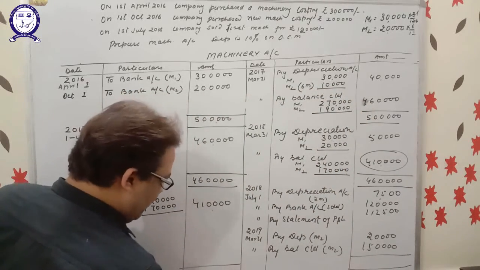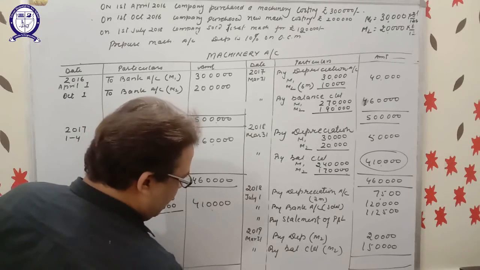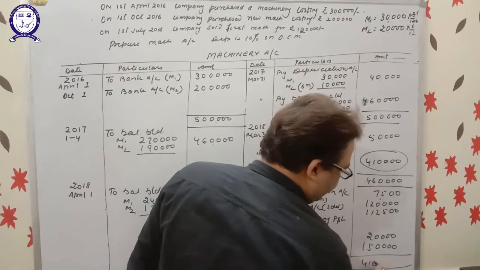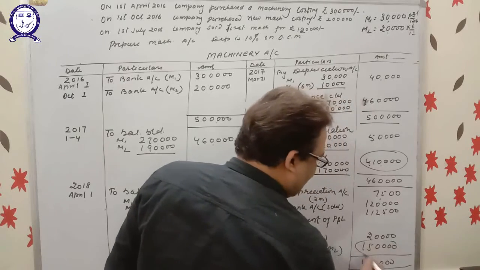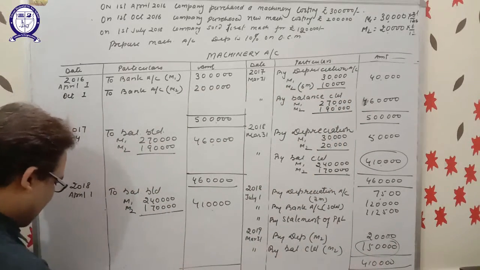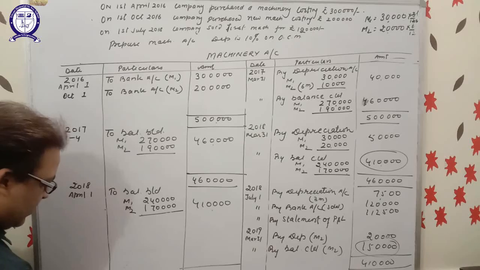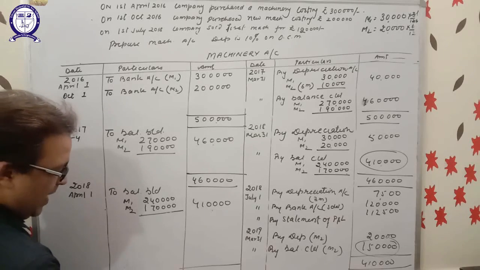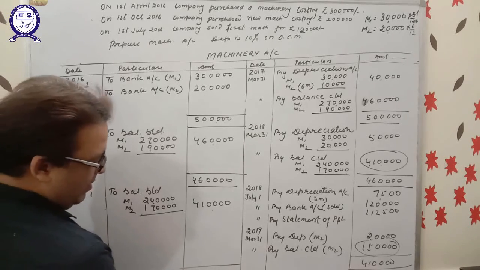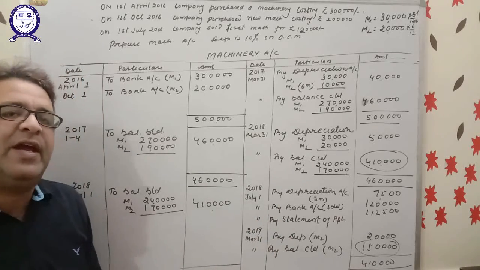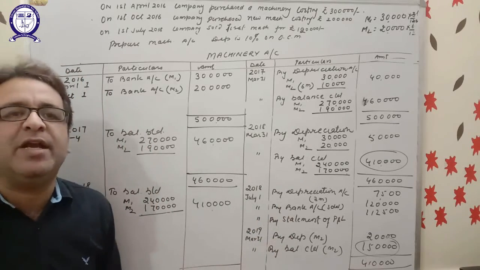So this is the way how to prepare machinery accounts. This closing balance will be the opening balance for the next year. So right here, to balance brought down, 1,50,000. This is the way how to prepare machinery accounts.